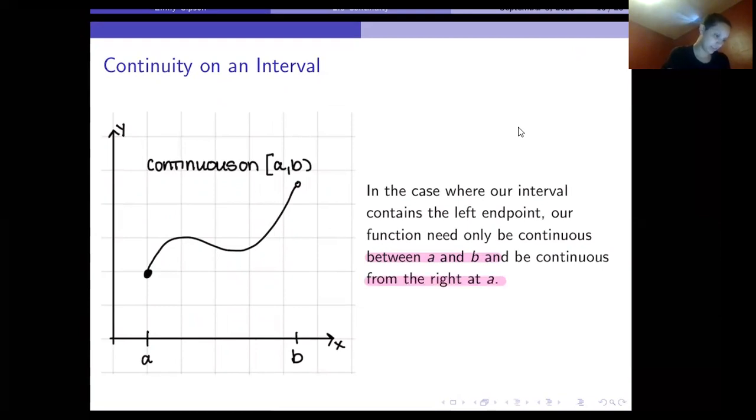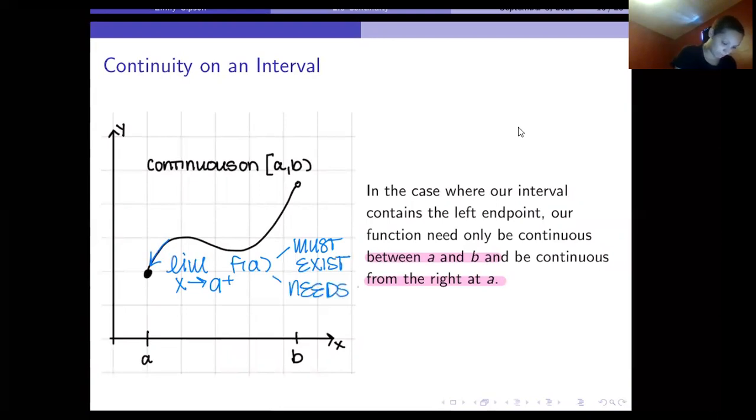So that means that when I take a limit from the right, this needs to exist, and it needs to equal f of a.